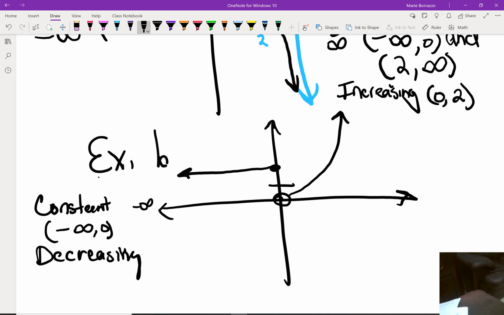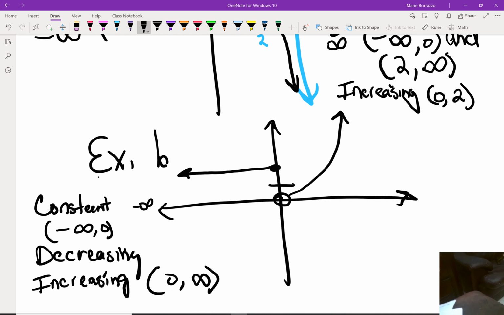It is, however, increasing. If I look at the graph, I can see clearly that it's starting from 0 all the way to positive infinity. Notice that even though it's not inclusive, I am using a parenthesis. That's why it's not inclusive. Okay, and that answers my question 1.